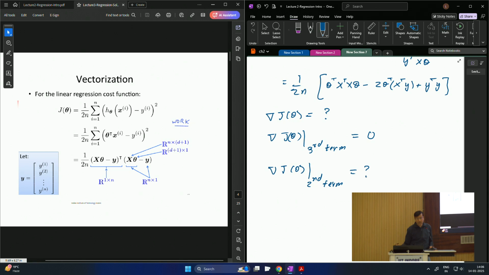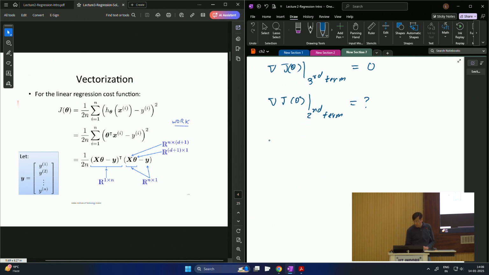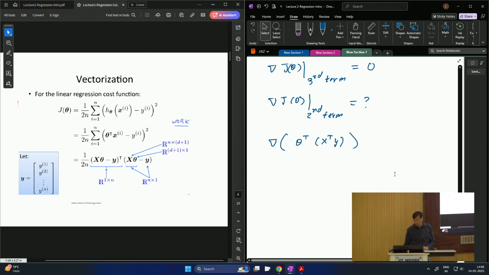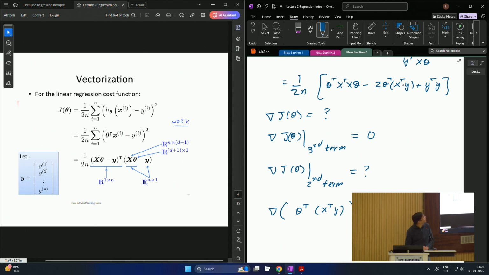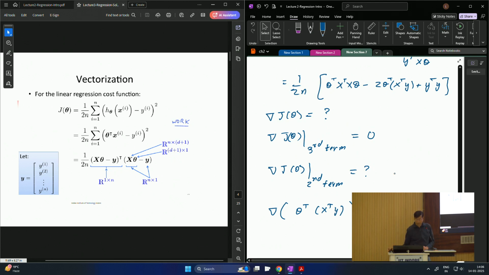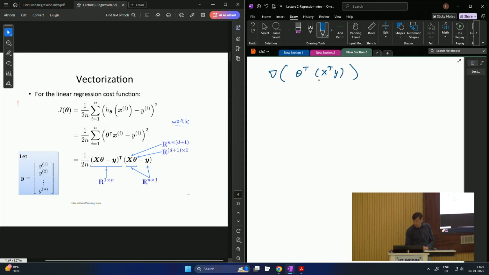What will that be? I'm just telling you, we did that as an optimization. So this is gradient of theta transpose x transpose y. This is my second term. Everybody with me? So what is the dimension of this?